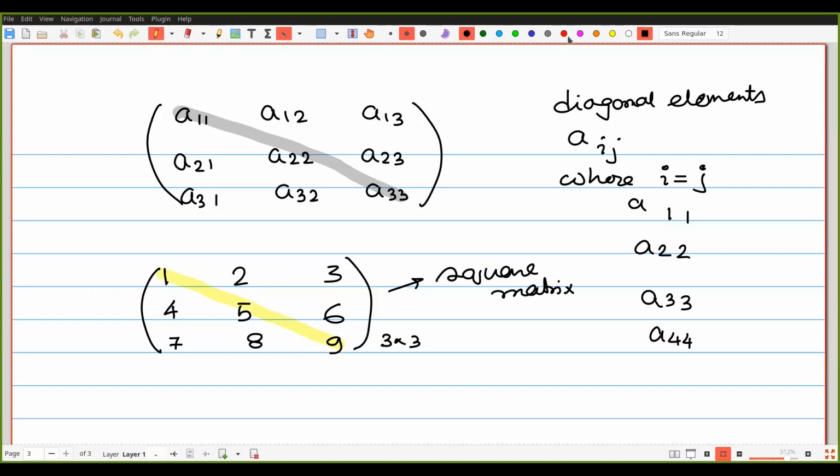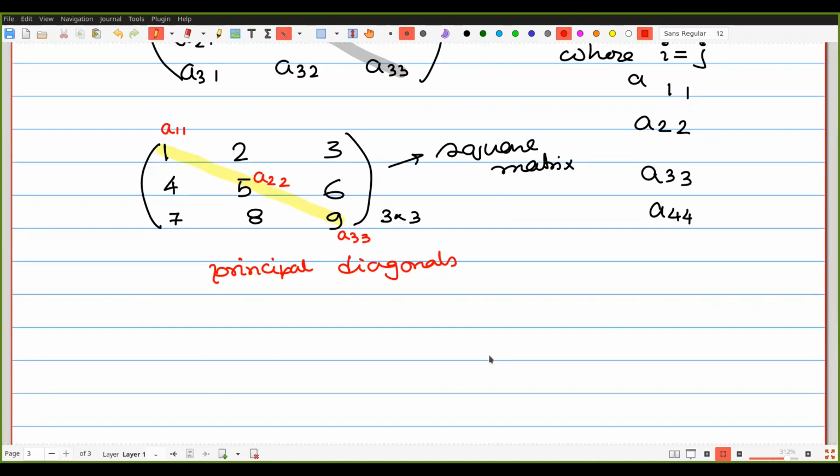According to the position, 1 means A11, 5 means A22, 9 means A33. i is equal to j. So 1, 5, 9 are also called the principal diagonals. Not only diagonals, those diagonal elements are also called the principal diagonals.